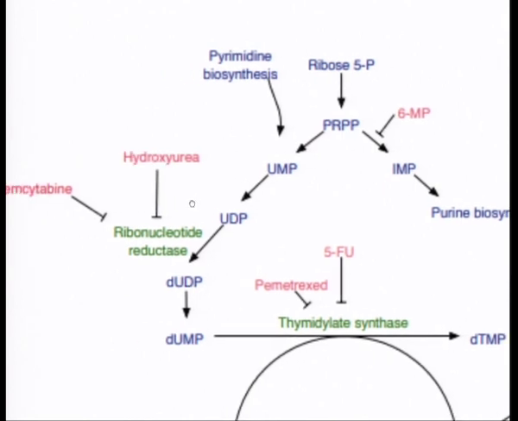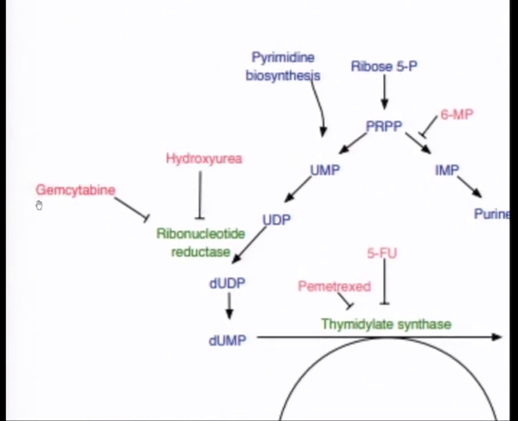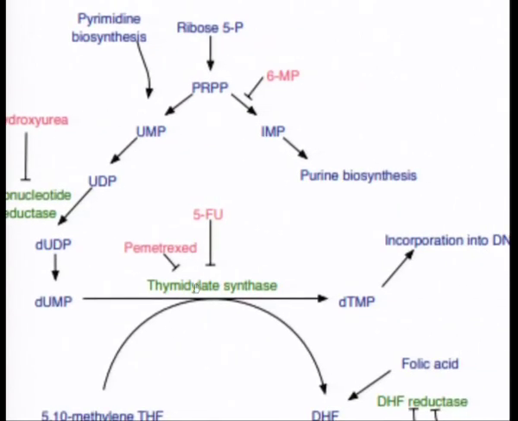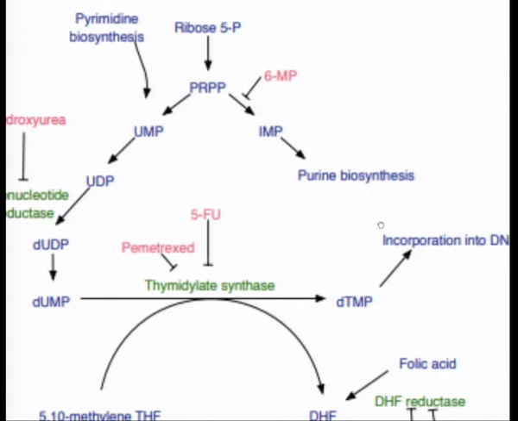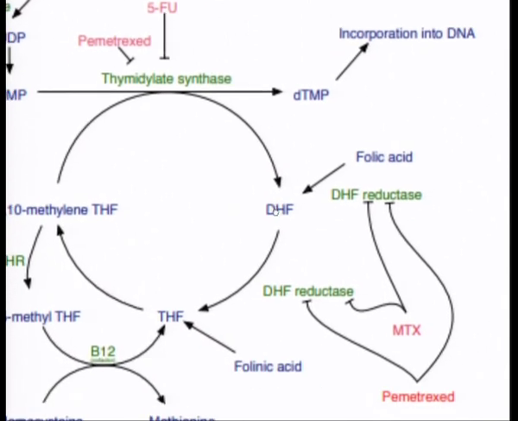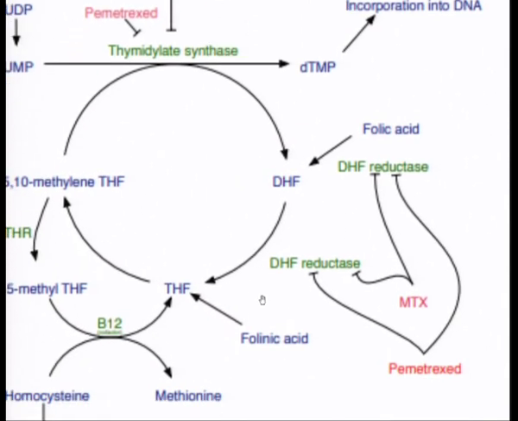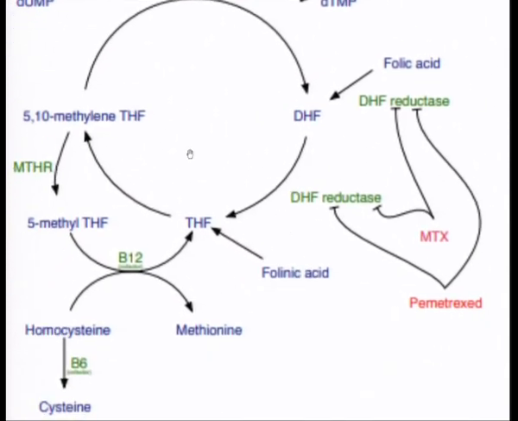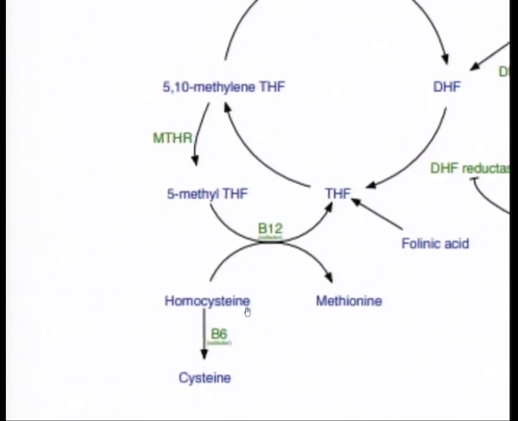So, for that matter, you have hydroxyurea, gemcitabine, then pemetrexed, 5-fluorouracil, and all these compounds are playing a very excellent role in the activation process. And you see over there the cycle goes, and here the methionine being produced from homocysteine, and homocysteine goes down as a cysteine.